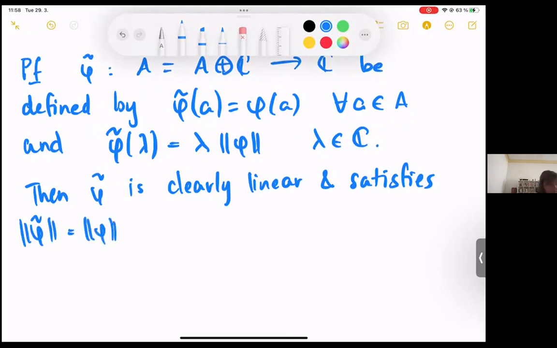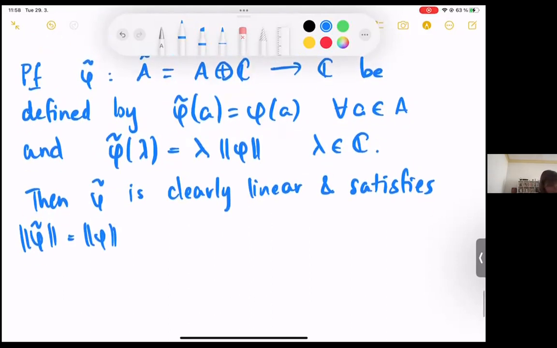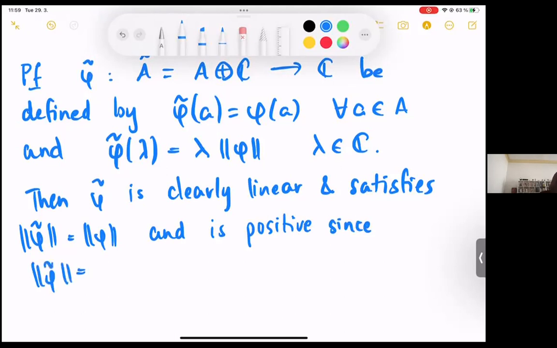Uniqueness is also clear because we really didn't have any choices here to make this work. And it's positive since phi tilde of 1 is exactly the norm of phi.